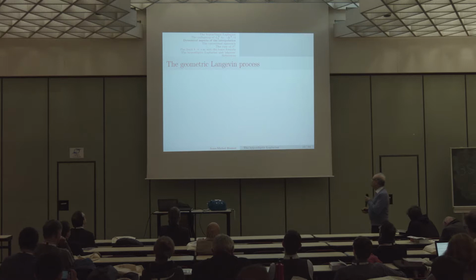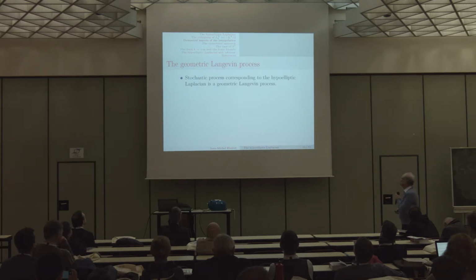Now, let me briefly explain what is a geometric Langevin process. So now we're going to move to the dynamical aspects of the interpolation. The stochastic process corresponding to the hypoelliptic Laplacian is a geometric Langevin process.